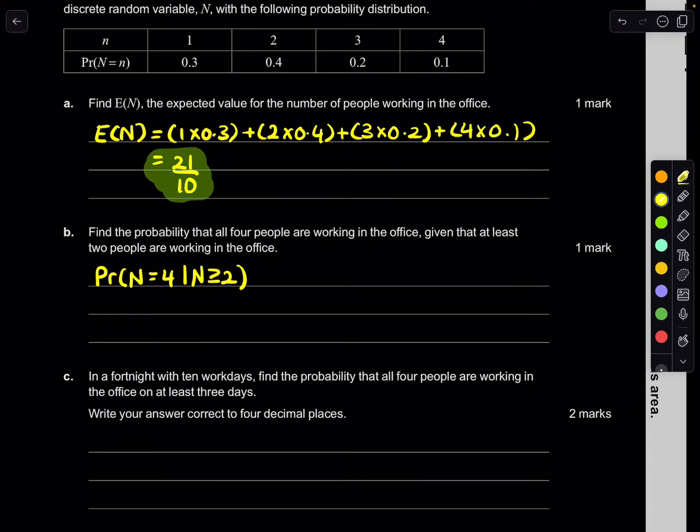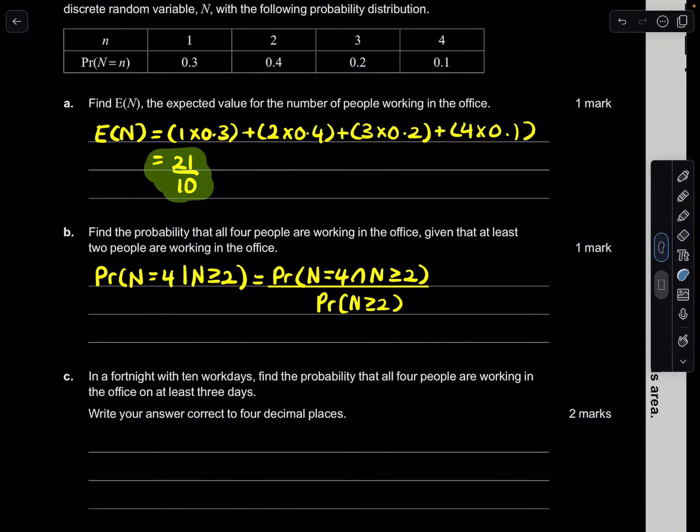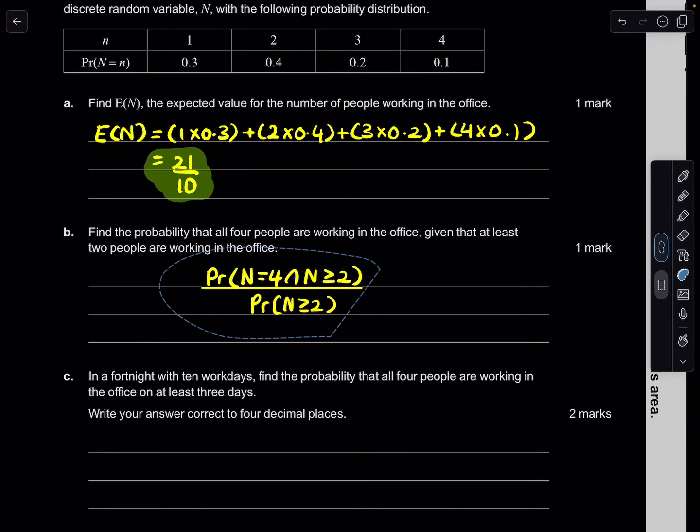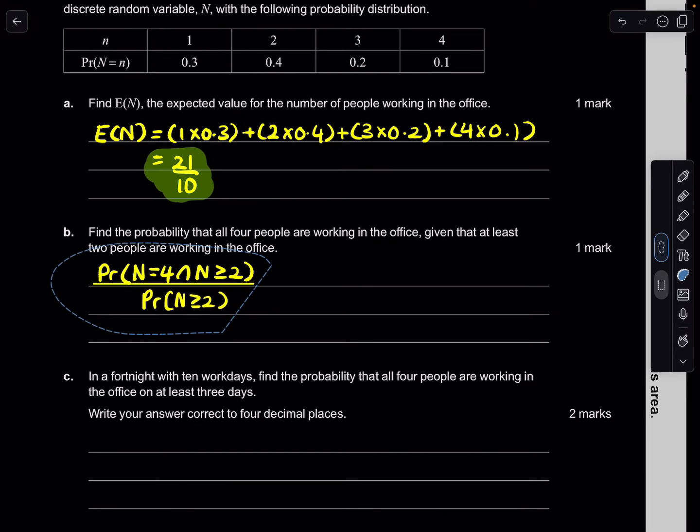So using our conditional probability formula, we simplify this to n equals 4 intersection n is greater or equal to 2, all divided by the probability that n is greater or equal to 2. I'm just going to drop the working out, since it's only 1 mark. To simplify the intersection, we draw a timeline.